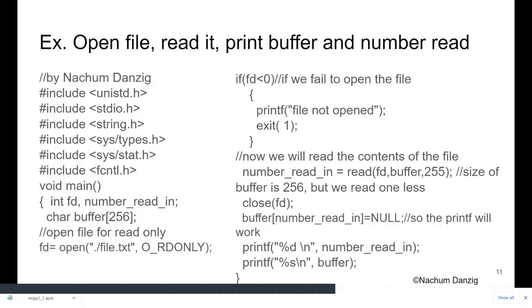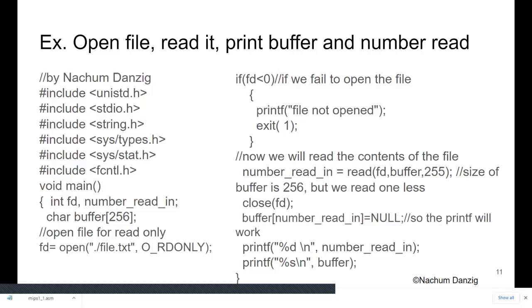So then I print, first I print the number read in as a decimal number. We saw this syntax of printf when we were learning awk. Awk has two kinds of print. It has regular print and printf. %d means a decimal number.